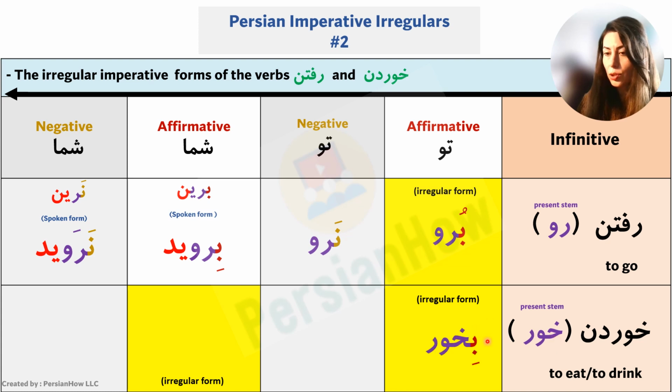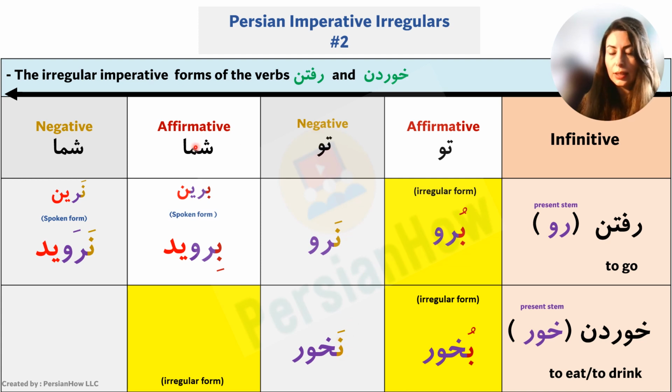So technically we should say بخور, but no, we add a bo to it and we say بخور. Maybe in some region in Iran, different dialect, maybe they say بخور, but the standard one, we usually just say بخور. And then the negative one is regular, is نخور.